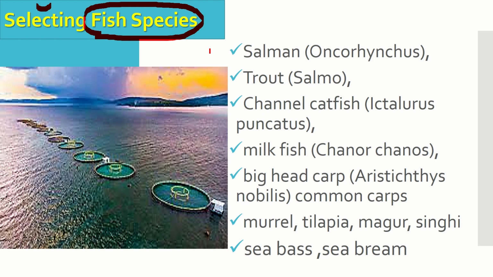Presently, among inland fish species, salmon, trout, channel catfish, milkfish, bighead carp, and common carps are the species, and many more species such as murrels, tilapia, magur, singhi are also now taken in cage culture in different parts of the world. Among marine fish species, sea bass and sea bream are the most common.